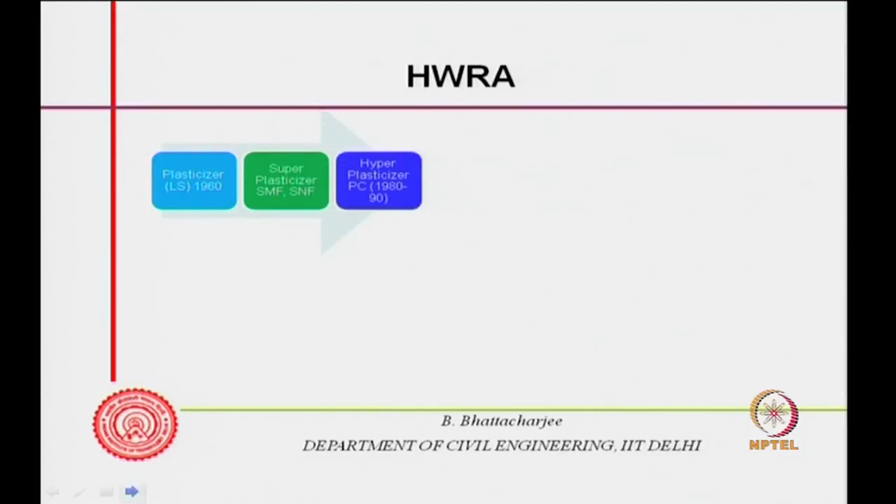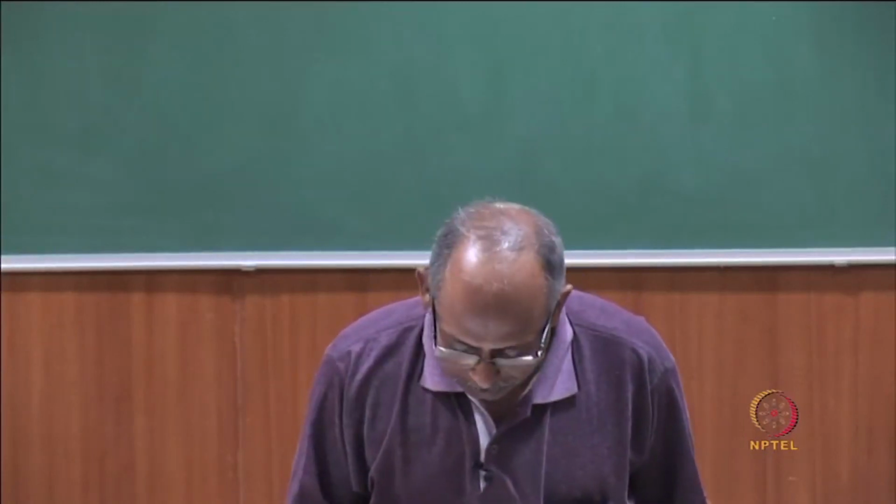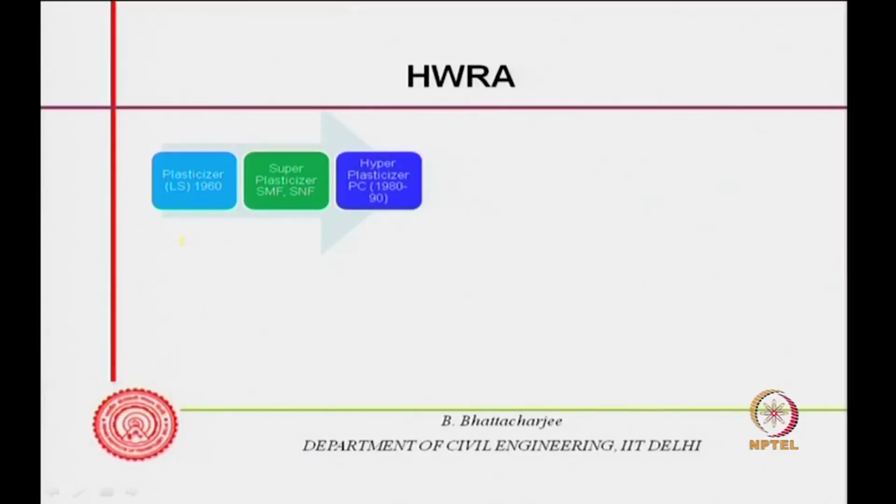and this was possible because of very high range or ultra high range water reducing agents. If you look at the plasticizers, from the 1960s, super plasticizers, basically sulfonated melamine formaldehyde and sulfonated naphthalene formaldehyde, they are actually 1970s, and then polycarboxylate ether, that was the 80s and 90s.